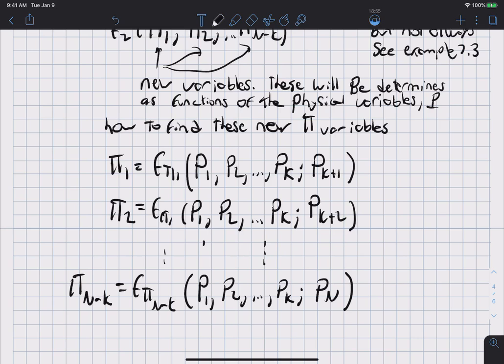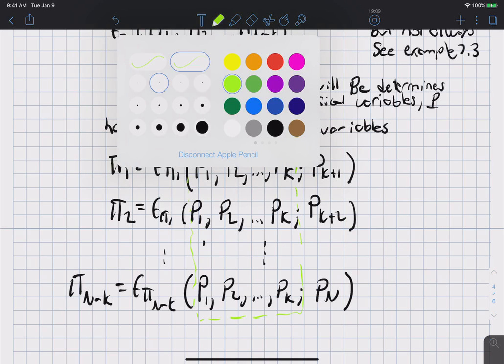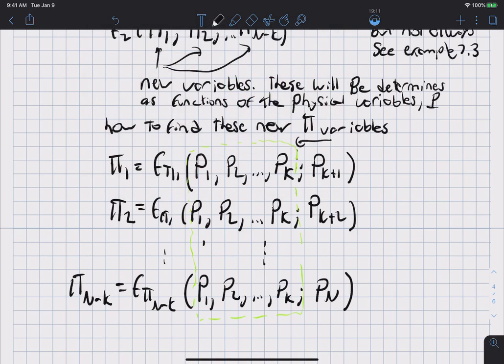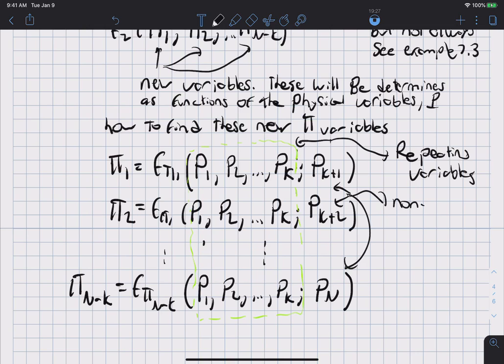This grouping of variables here, I'll use a different color, is called the repeating variables, and these here are the non-repeating variables.